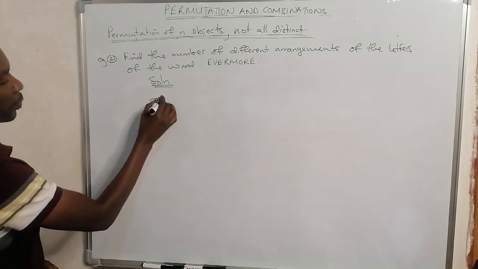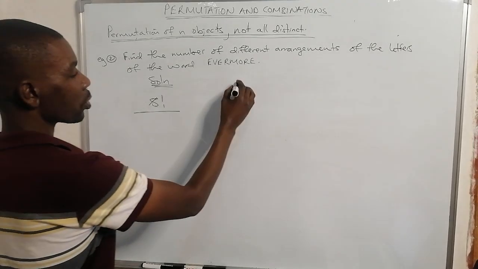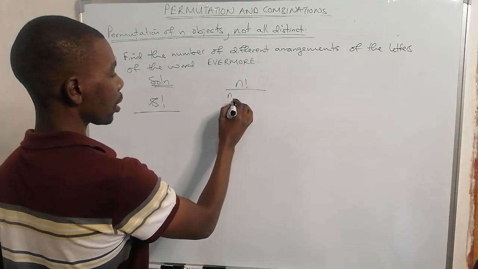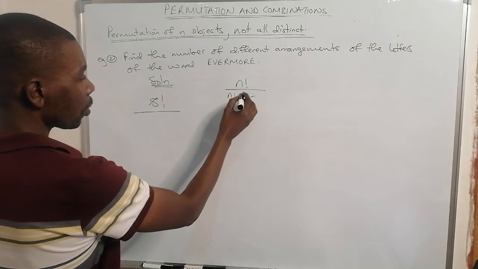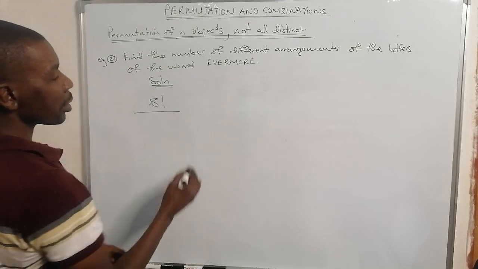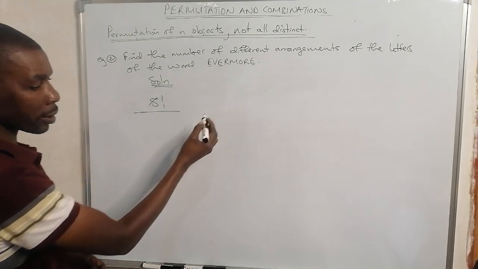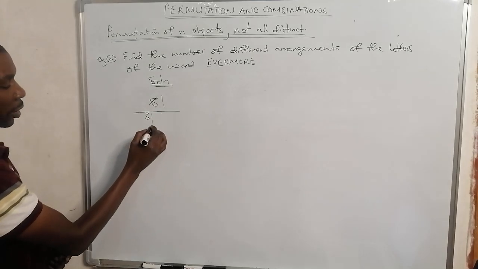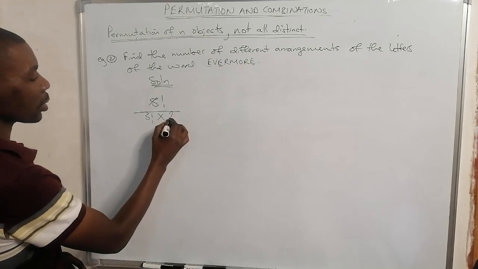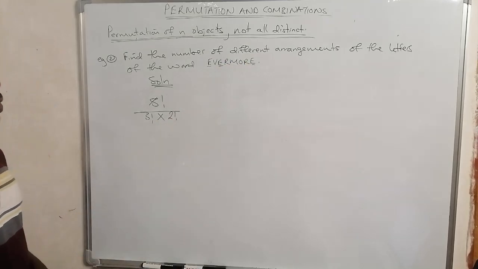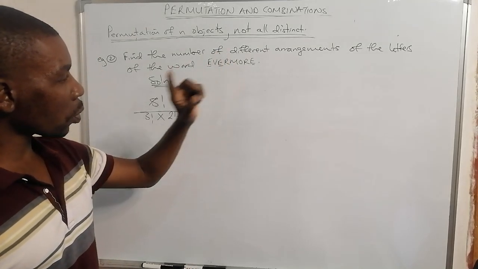So that will be 8 factorial divided by, remember, n factorial over n1 factorial times n2 factorial. In this case, how many e's do we have? 1, 2, 3 e's. So that will be 3 factorial, times our r's. We have 1, 2 r's, which is 2 factorial. Do we have any other letters which are similar? We have e and r only.